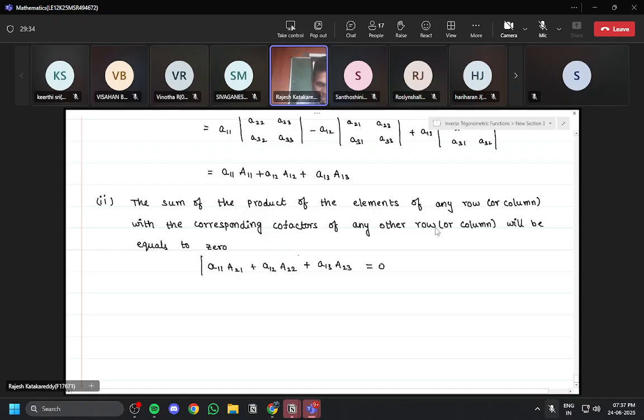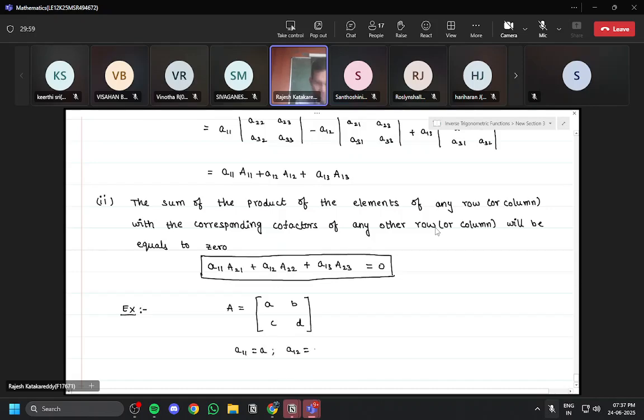To see this result, we are considering a second order square matrix, like here, capital A, B, C, D. So A11 is equal to A, A12 is equal to B.